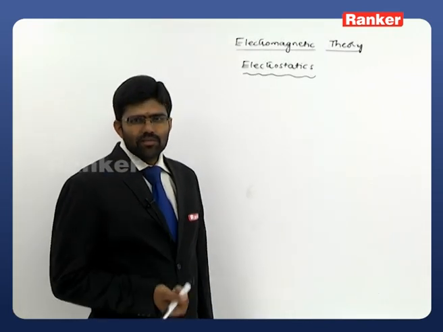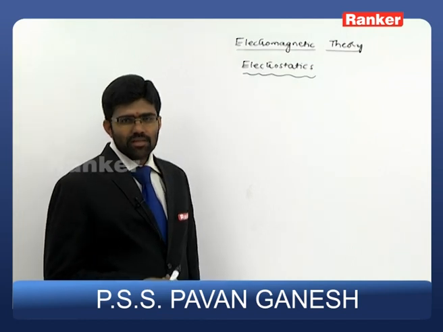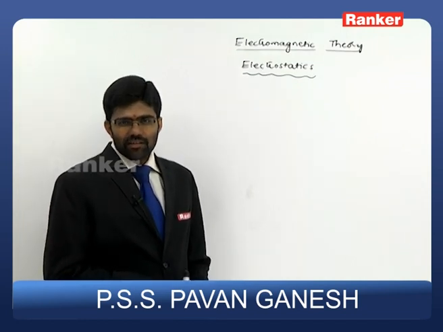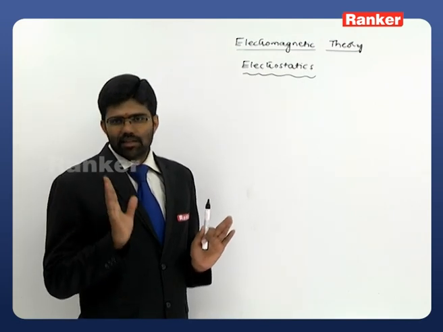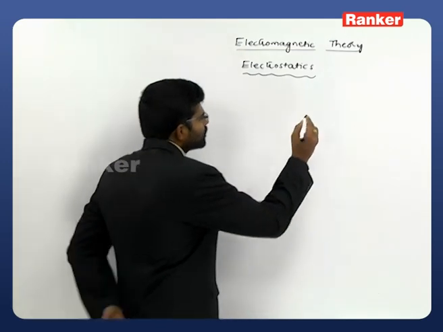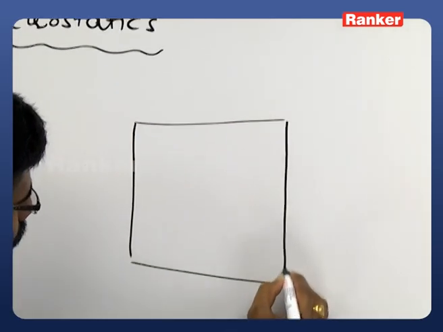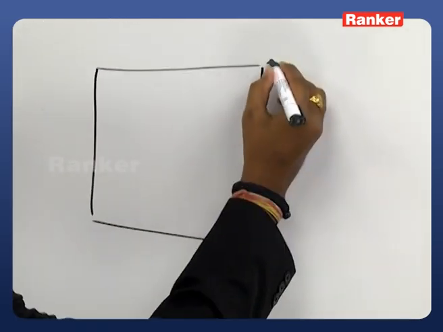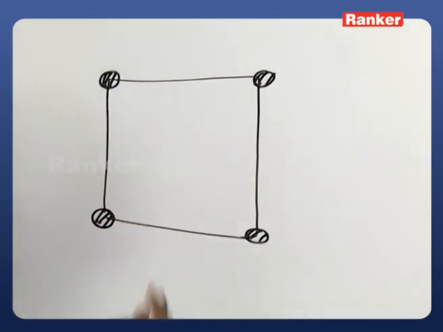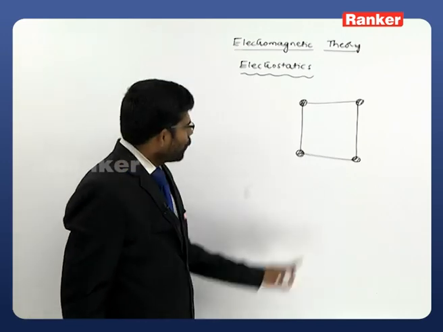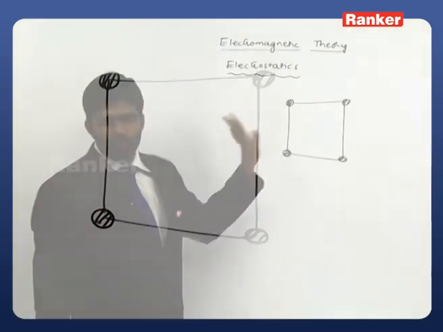Now we will have a simple example of how a particular force acts on a charge. With this example we can understand easily how a force will be calculated and how to observe it. So don't go for the calculation, just observe how it is acting. Now a problem is given like this. 4 charges were placed on the 4 corners of a square, and this square was symmetrically placed on the YZ plane.